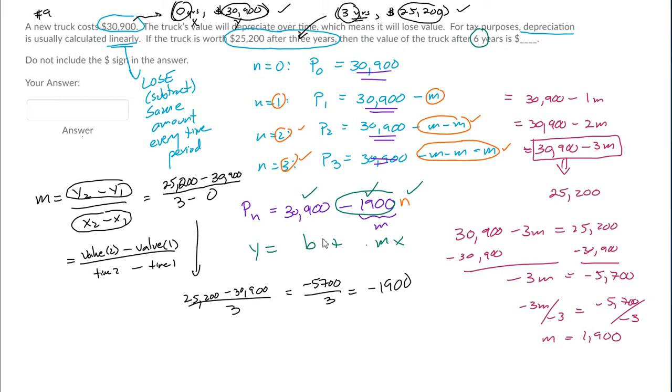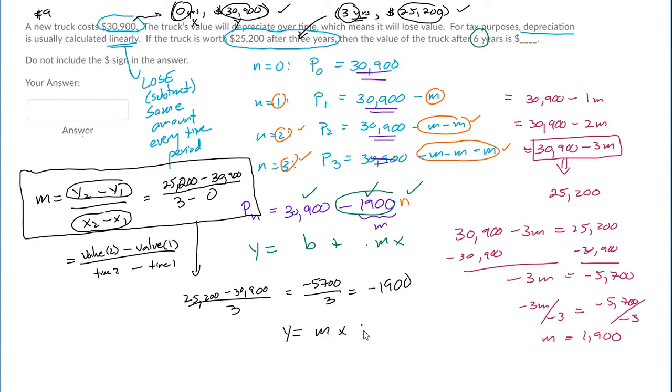The reason is that when we work using this formula, this is treating m as something you add. So I'm going to add negative 1,900 every year. My formula would be y is equal to mx plus b. My b is the initial value, which was 30,900. My m is going to be negative 1,900 because I'm losing 1,900 a year, times x, which is my years.